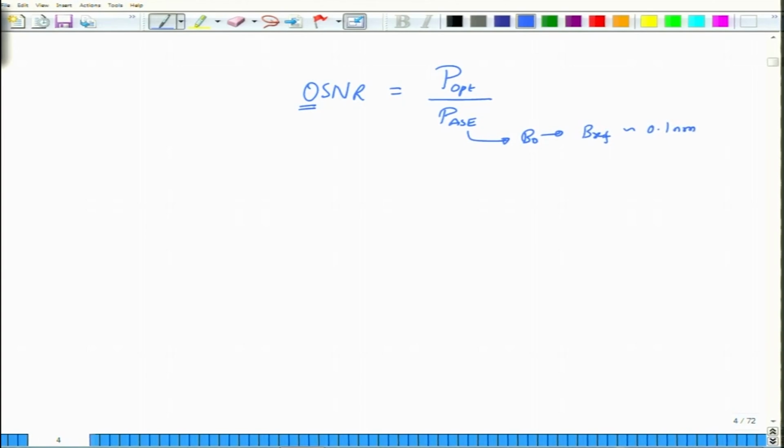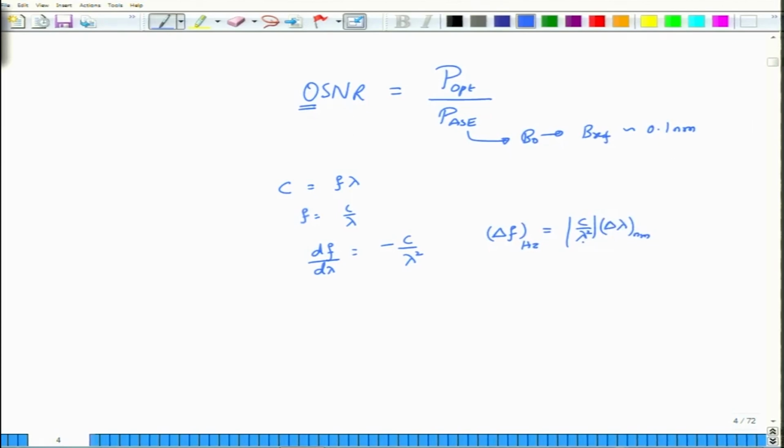Now, how do I convert 0.1 nanometer into delta F? I know c is equal to f lambda, right. So, I can write f equals c by lambda, differentiating both sides with respect to lambda, assuming that they can be varied that way. So, you get minus c by lambda square, and then the bandwidth delta f, which is in hertz, is given by c by lambda square, magnitude of course is what you are looking for, times delta lambda in nanometer.